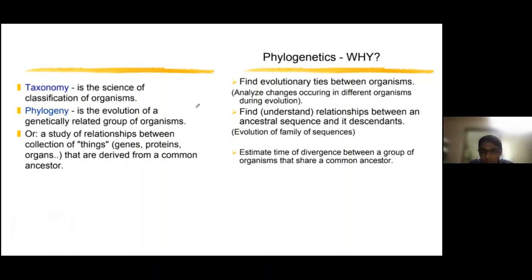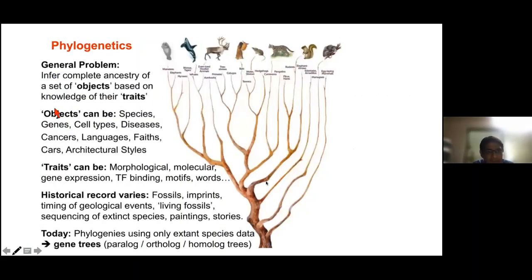For example, we have the ancestor, how the descendants are related to each other, and we estimate the time of divergence between a group of organisms that share a common ancestor. For example, how many millions of years ago one sequence diverged from the ancestors. That's what we look into using the phylogenetic tree.